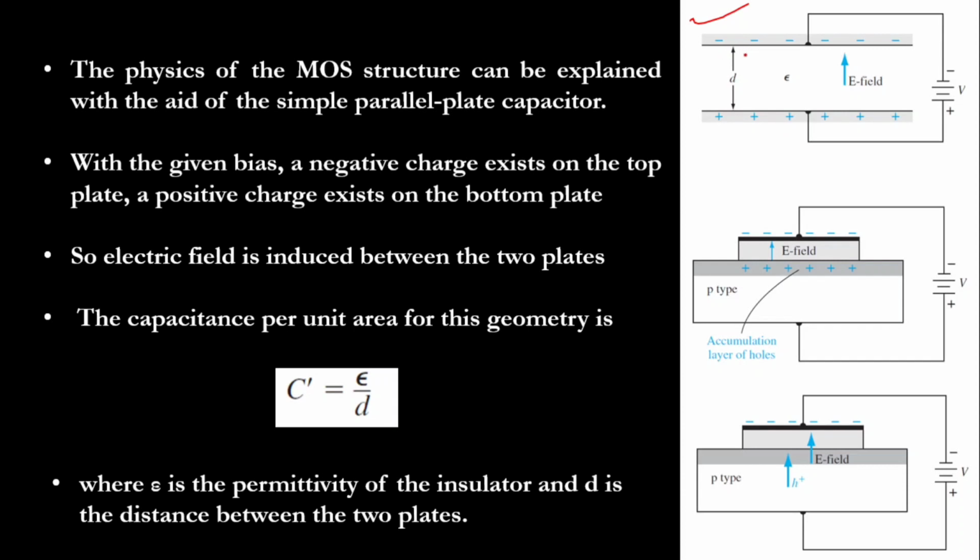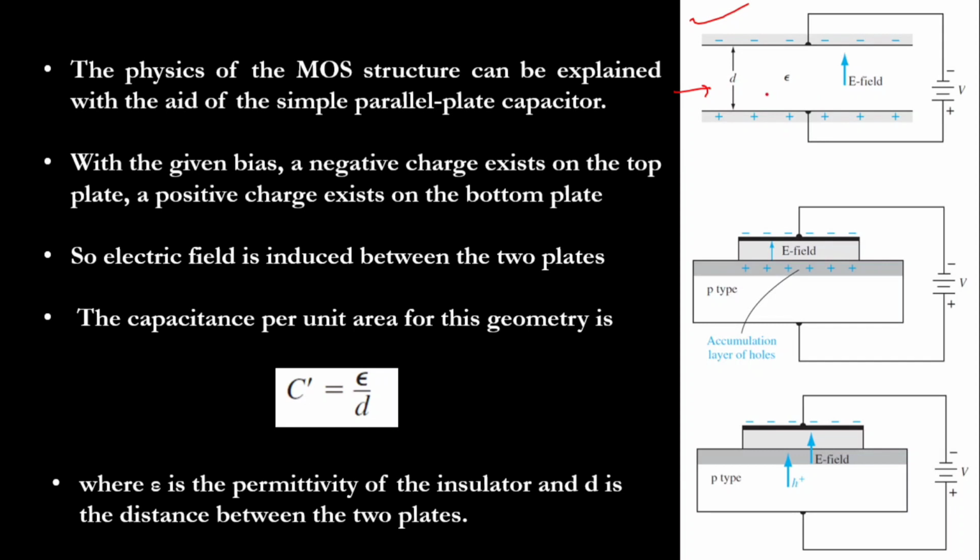In this symbolic diagram, you can see the two parallel plates, and we have applied a voltage V, and an electric field appears between the two plates. Basically, this electric field causes the charge effects in the capacitor, which leads to the working of the MOSFET.